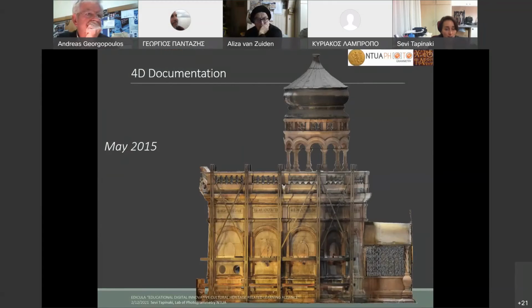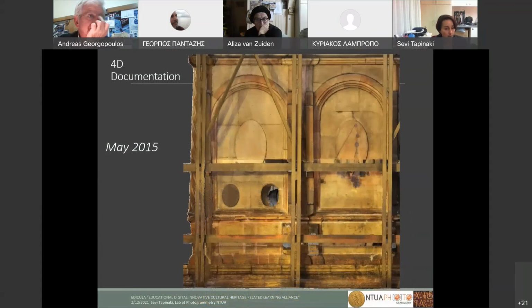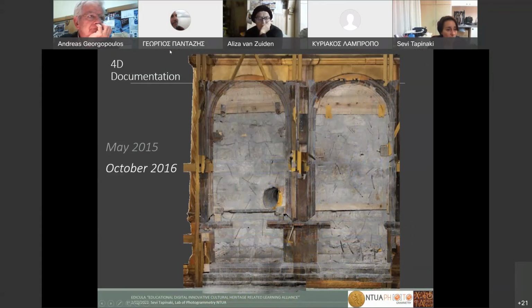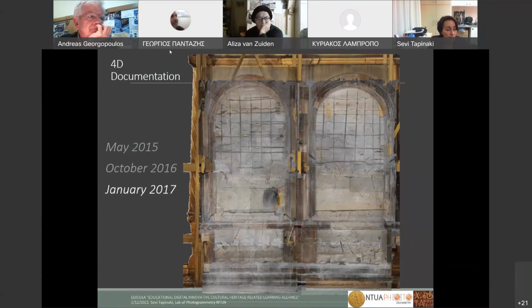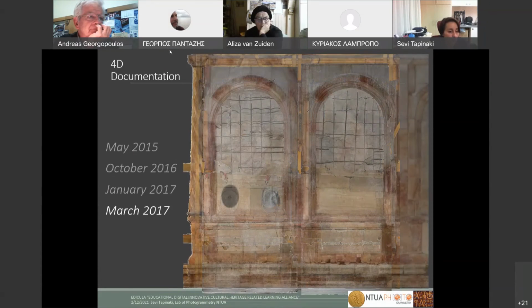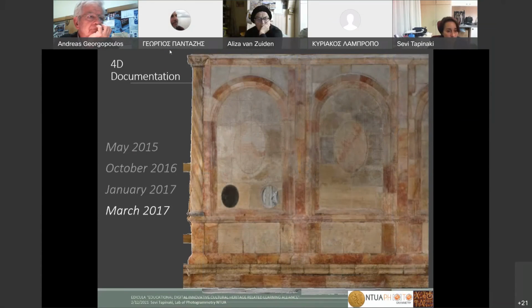Just to see an example of it, this is the initial state. And if we focus here on these two panels, we can see the changes through time: October 2016, January 2017, and the final state in March 2017.